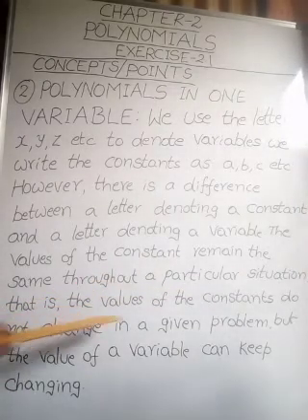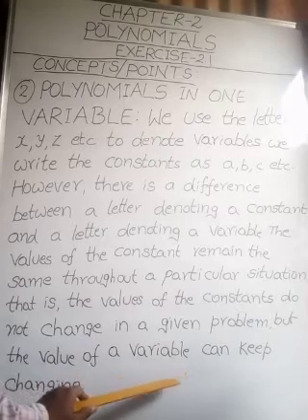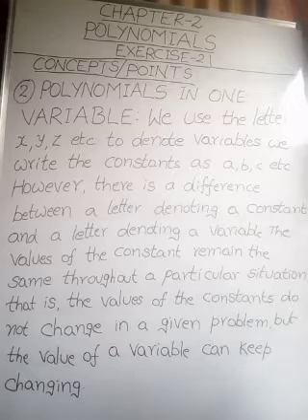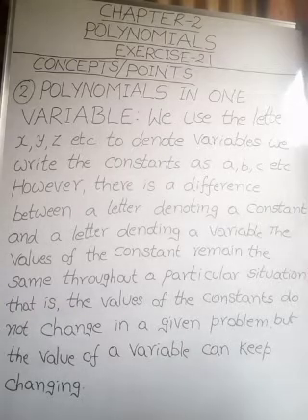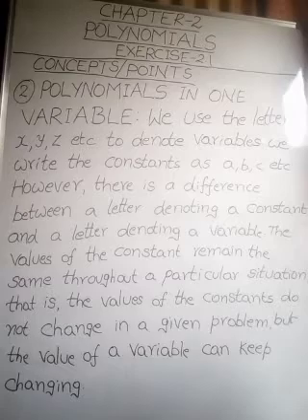That is, the values of the constant do not change in a given problem, but the value of a variable can keep changing. Variable means unknown value. It changes from problem to problem, whereas a constant is a fixed quantity. It does not change its value throughout the situation. Understood this point, my dear children? Right.